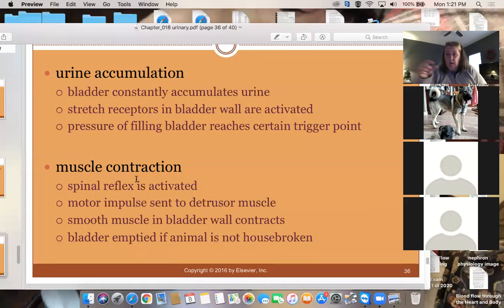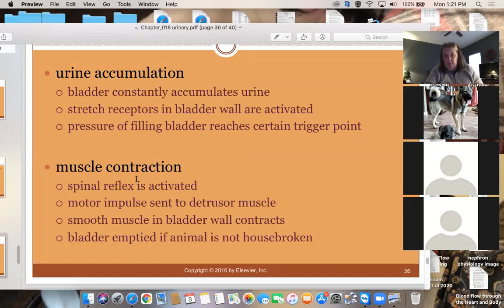And somewhere, either sensory or motor, they are not able to constrict their bladder. So what happens is their bladders get really big. And sometimes we have to do what's called manual expression. We actually have to compress their bladder and release it for them. Sometimes we can pass a urinary catheter and empty their bladder.